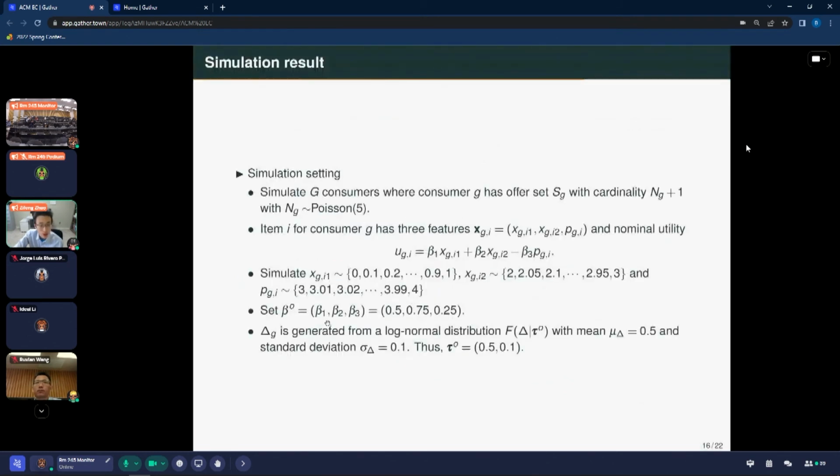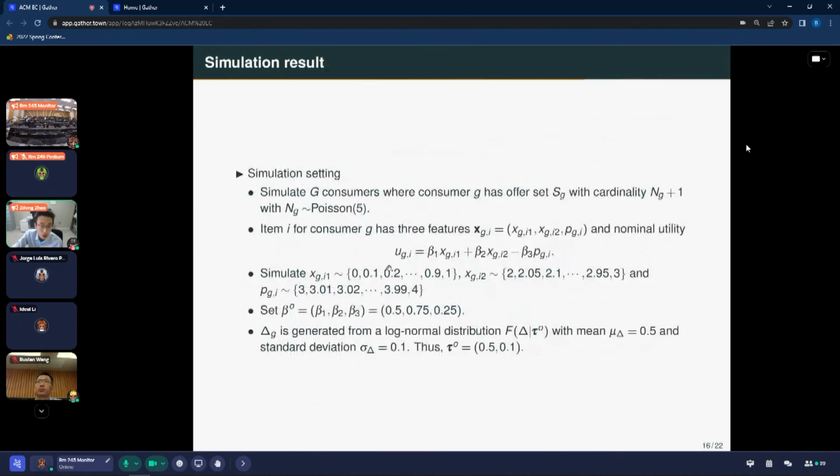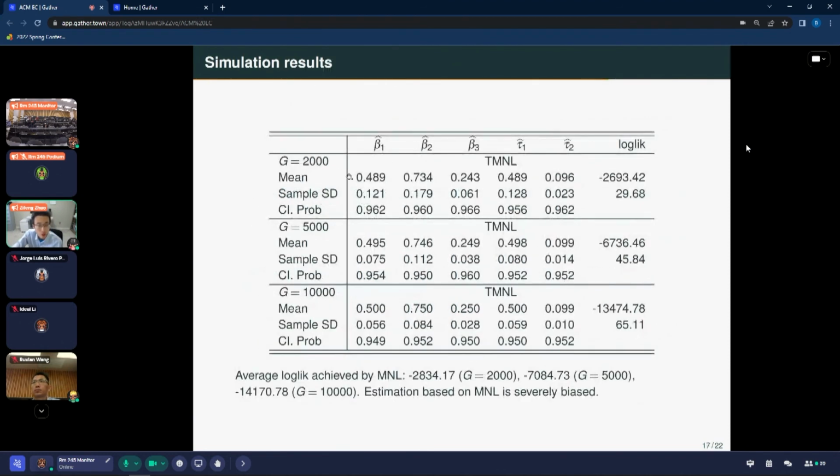Okay, so for time's sake, I'll quickly go through this. We first did a simulation study. We simulate the data from a true TML model, and we use the MLE to estimate the parameters. We increase the sample size from 2,000 to 5,000 to 10,000, repeat the experiment 500 times, and take the average.